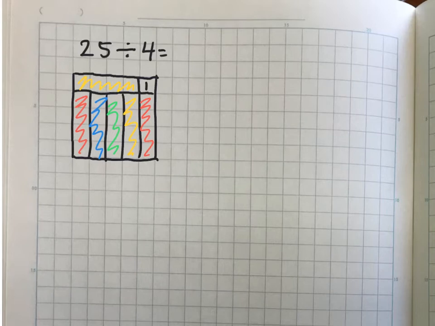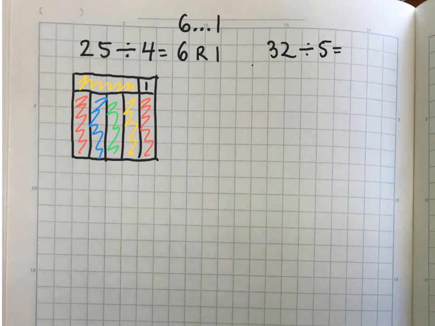What is 25 divided by 4? It is 1, 2, 3, 4, 5, 6 with the remainder of 1. There's 2 ways to write that. In America, we used to do it like that. I think in Japan, people write it with 3 dots like that. Either one's fine.